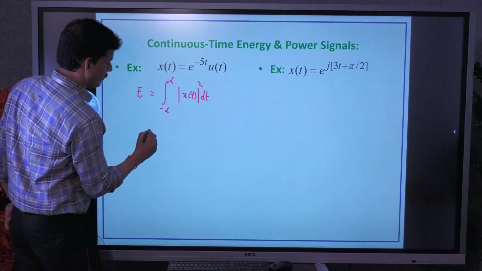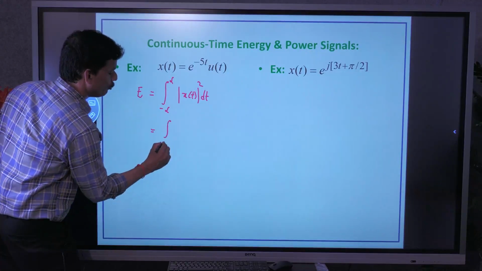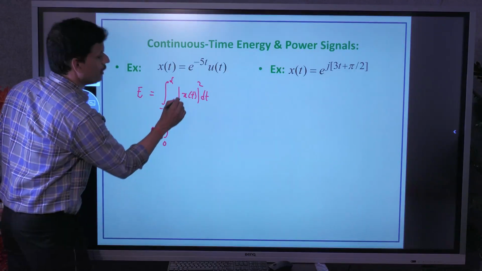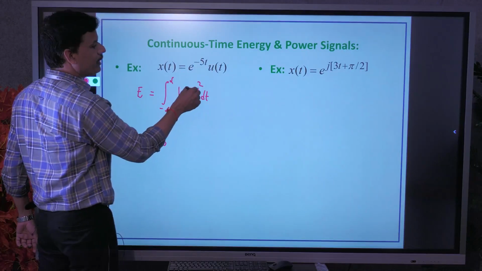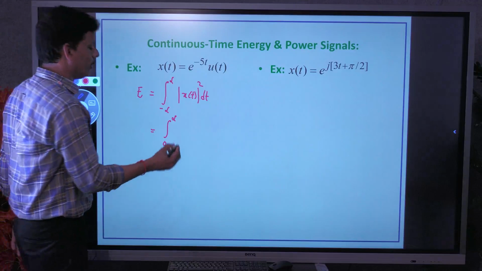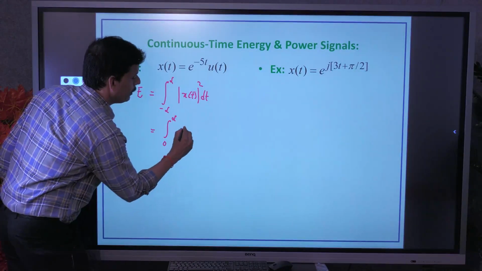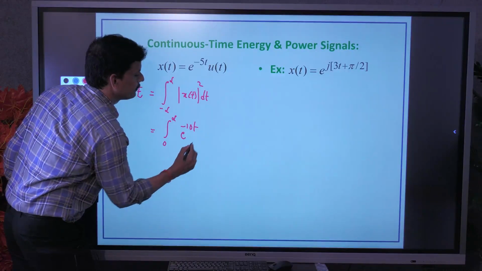Because of u of t, the limits of integration change to 0 to infinity. Magnitude of e power minus 5t is e power minus 5t only, so e power minus 5t whole square becomes e power minus 10t dt.